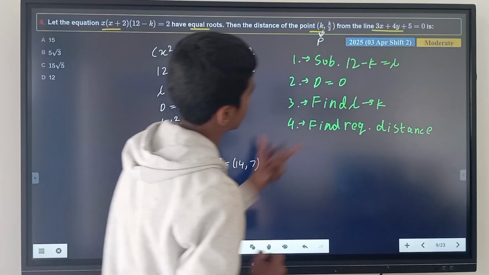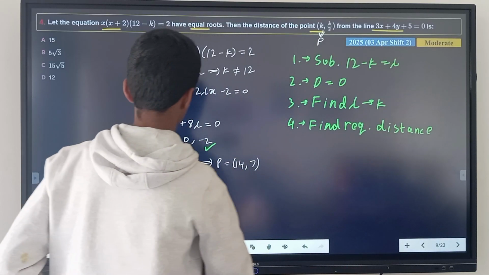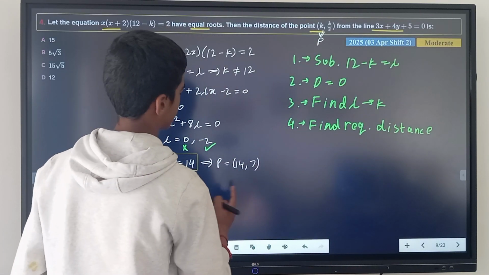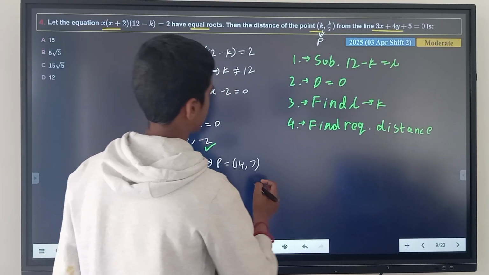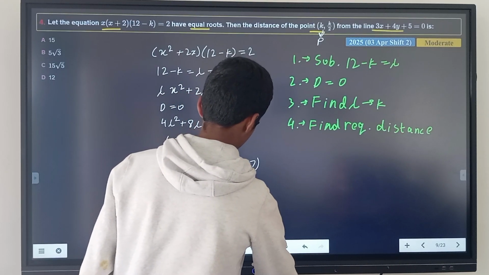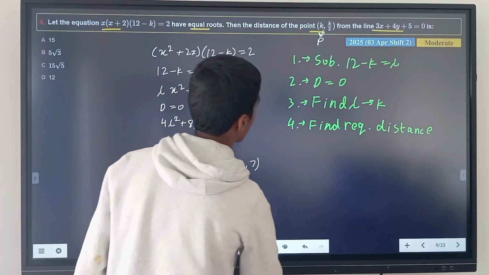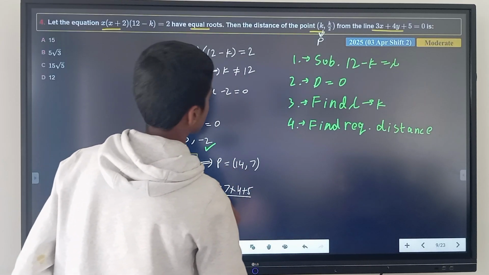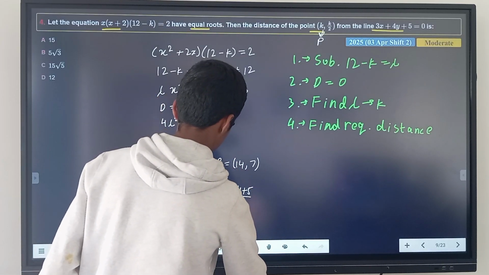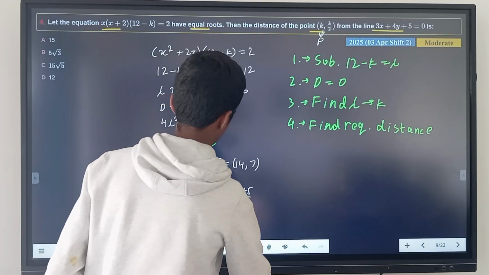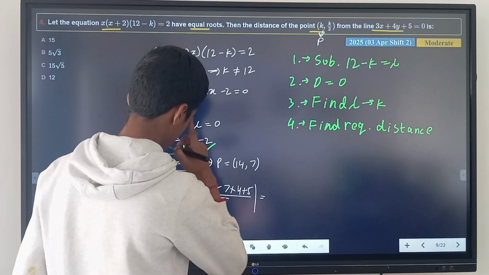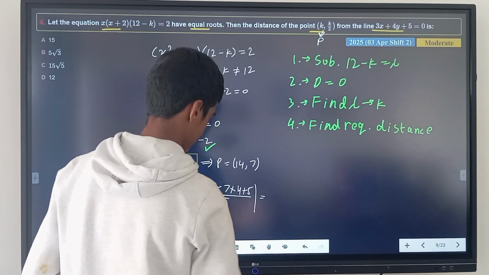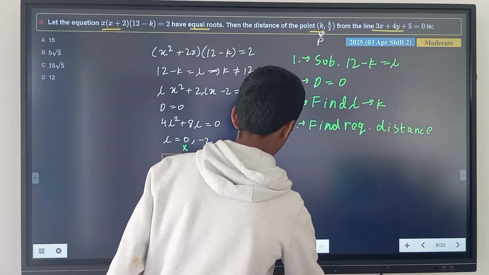Our distance from point P to the line will be mod of 14 into 3, we can write it as 7 into 6 plus 7 into 4 plus 5 upon under root of 16 plus 9. This is equal to 7 times 10, which is 70, plus 5, 75 upon 5.